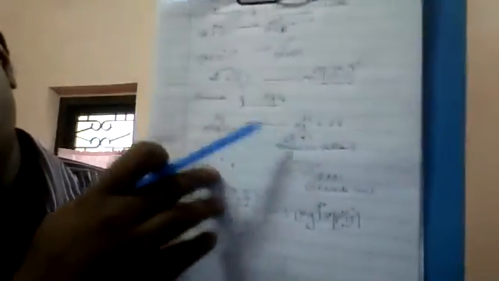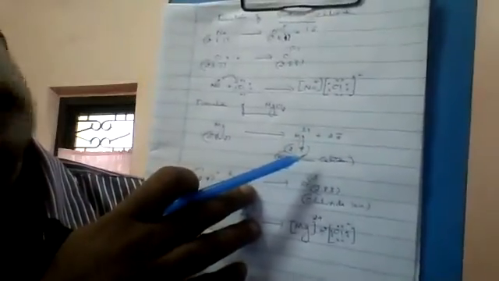The metal transfers electrons to the non-metal. Okay, the same is the case for magnesium chloride also. So this is about ionic compound formation. This type of questions are very important for your examination. So write and practice well.